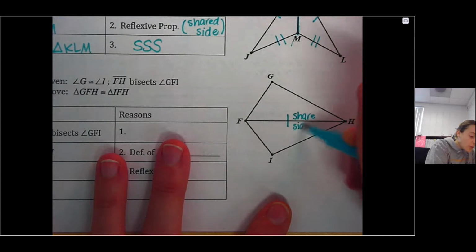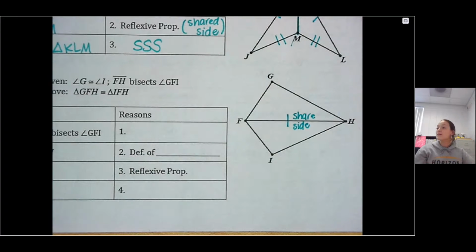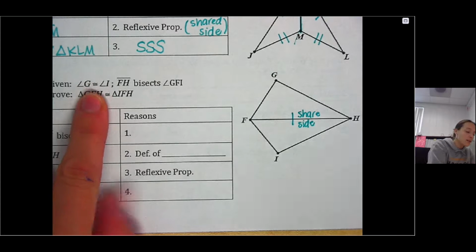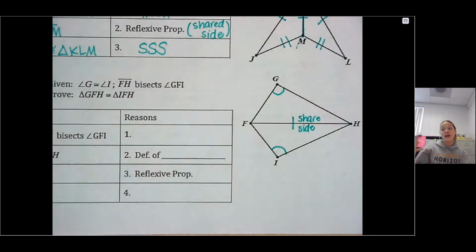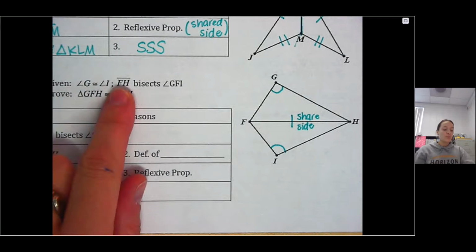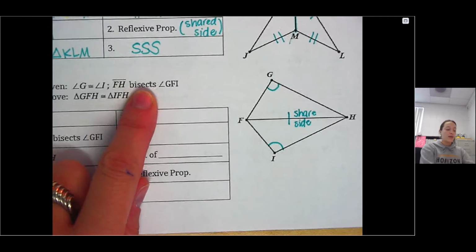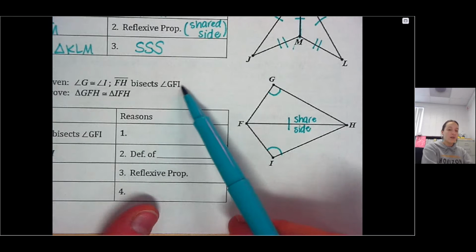Okay. Who can raise their hand and tell me something else I should mark in this picture? Maya, what do you think? An angle, an arc mark on G and I. Good. That's what this sentence says right here. You've got an angle, you've got a side, but you still need one more thing. Now, the next sentence says FH bisects angle GFI.